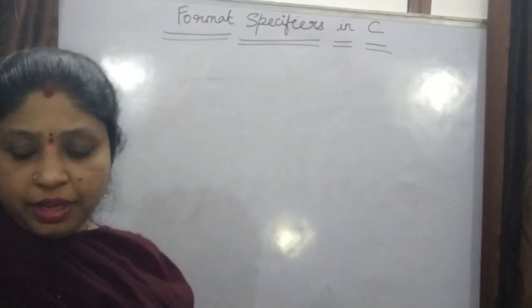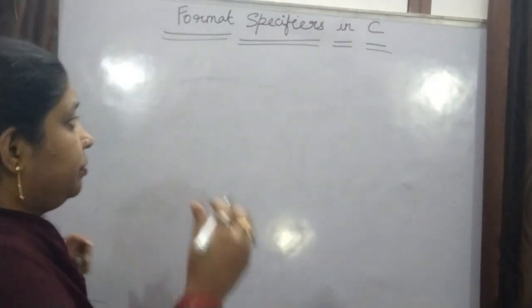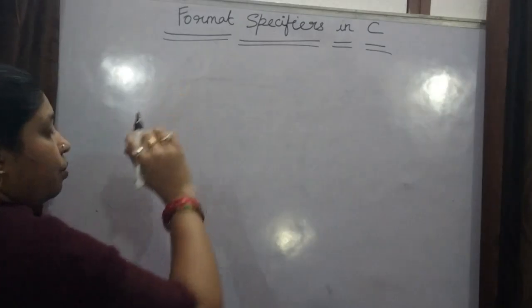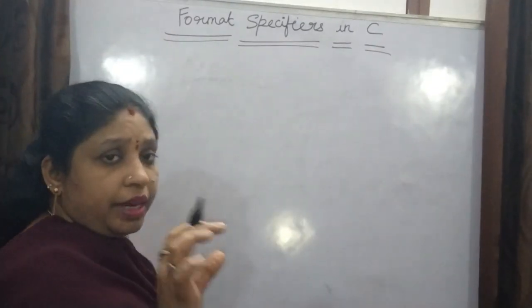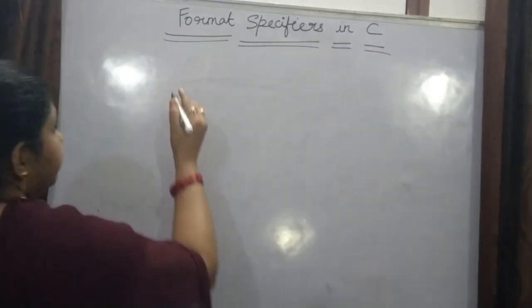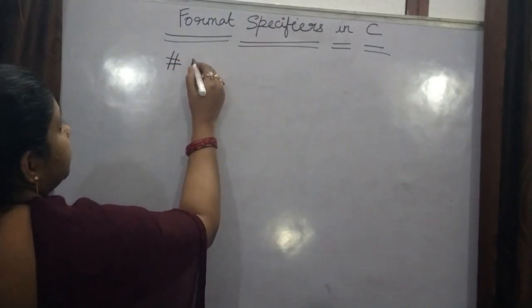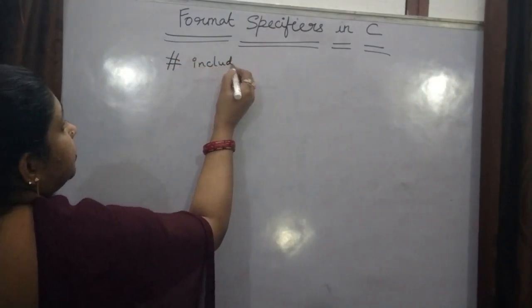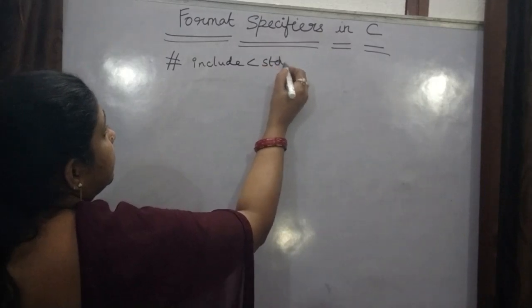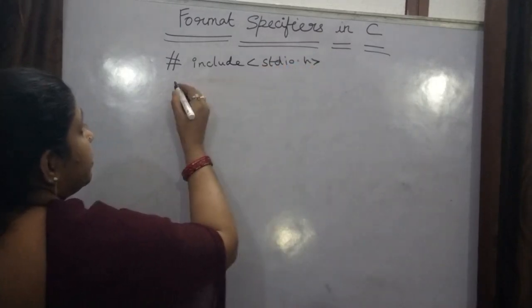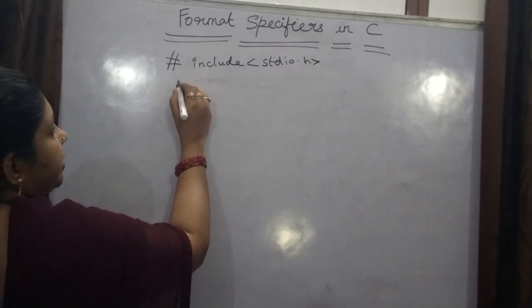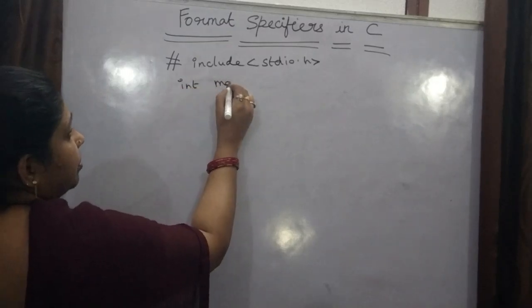Okay, I will write one program now. I'll show how you have to write the format specifiers. Okay, #include <stdio.h>, and here I will directly write the main function.